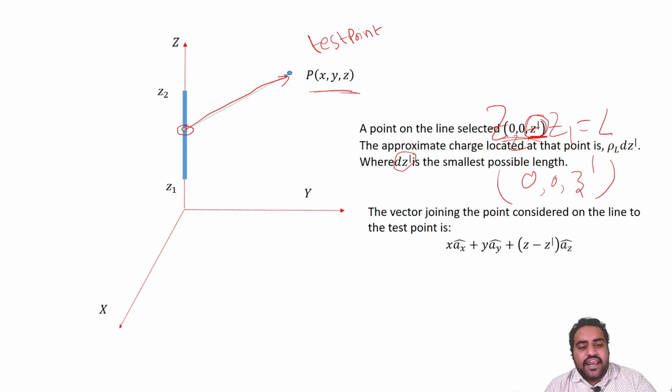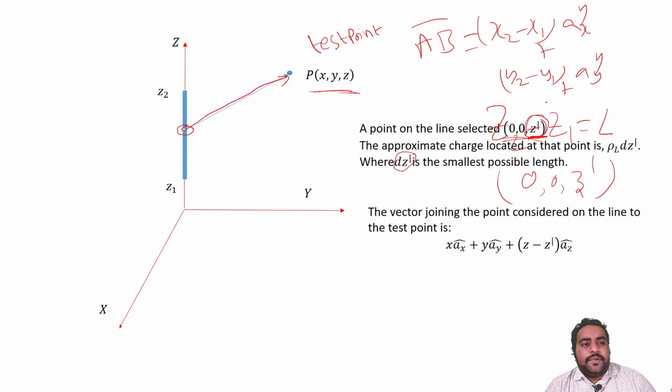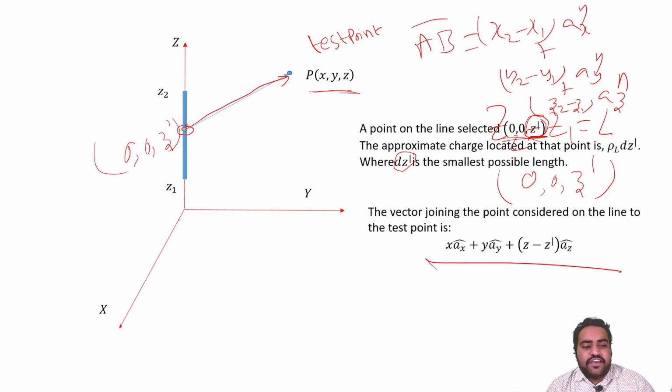Now I have drawn a line which is joining that to this. You may see using the principles of AB bar equals x2 minus x1 ax cap plus y2 minus y1 ay cap plus z2 minus z1 az cap, the line joining 0 comma 0 comma z dash to x, y, z can be written as x ax plus y ay plus z minus z dash az cap.